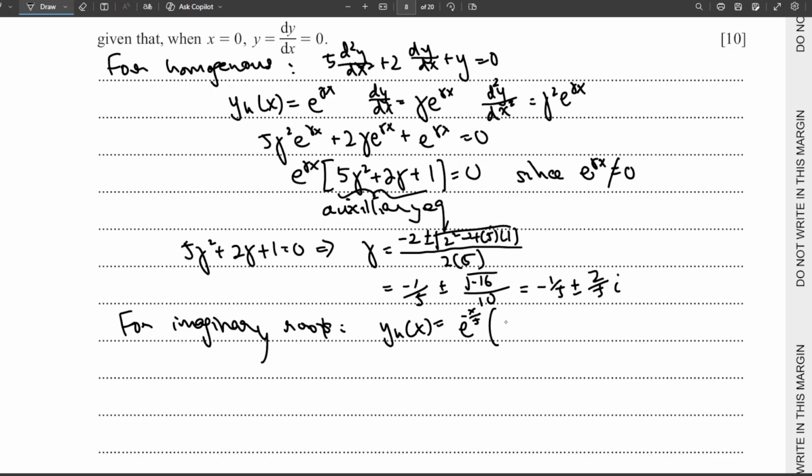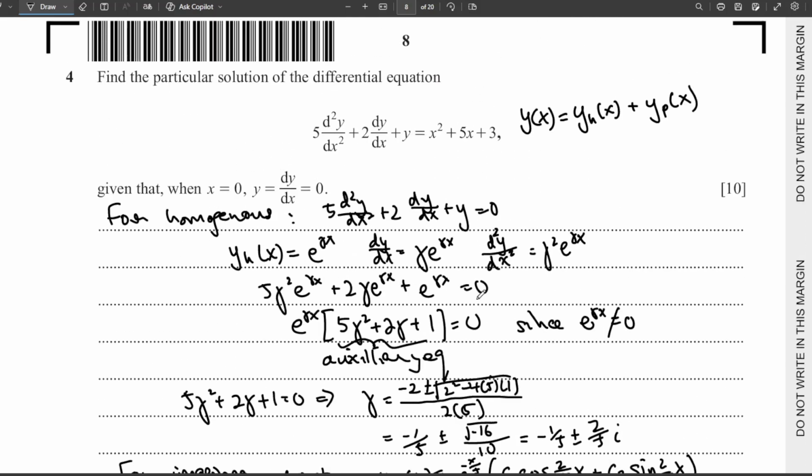Everything is multiplied by a constant c1 times cosine of the imaginary part, 2 over 5 x, plus c2, another constant, times sine of 2 over 5 x. That is something unfortunately you have to memorize. For the real roots and also for the repeated roots, you also have to memorize, as they have different forms. But that's all for the homogeneous part.